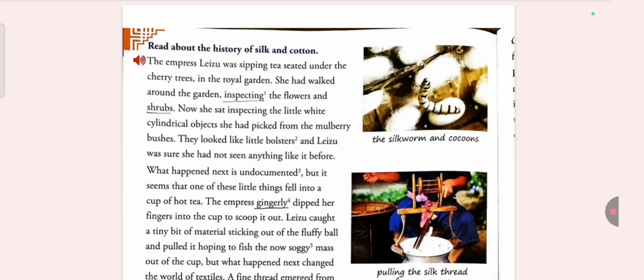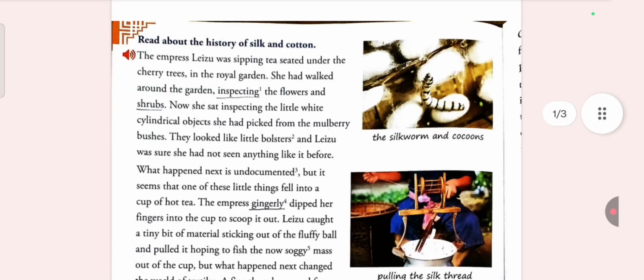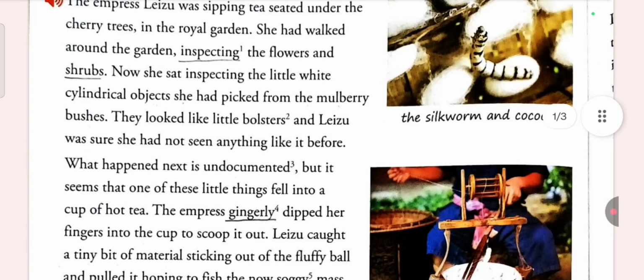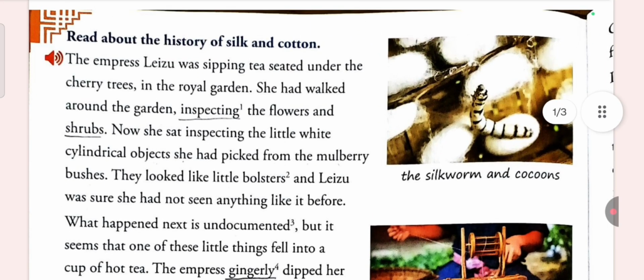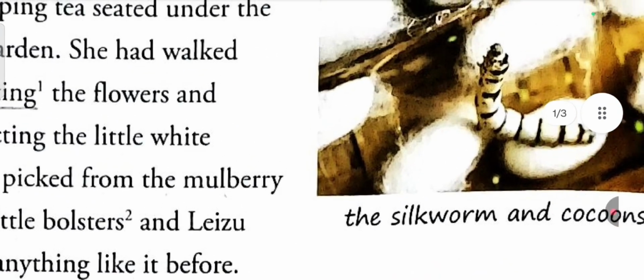Now she sat inspecting the little white cylindrical objects that she had picked from the mulberry bushes. Now here you can see white cylindrical objects, right?